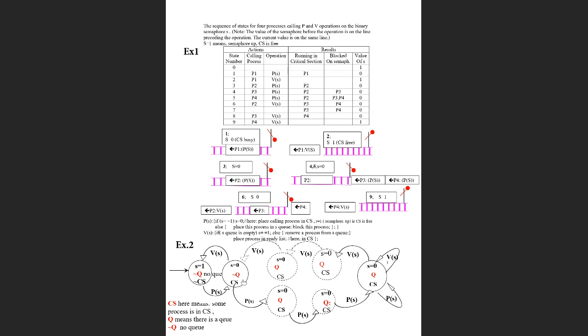Now we have two options. We may have another process incoming, so we would go to another P of S, or it may happen that, if there is no other process, the process which is being executed in the critical section may finish its execution, therefore leaving the critical section, therefore performing function V of S. If this happens, we have the V of S arrow leading to the initial state, which means the process left the critical section, and now the semaphore is open.